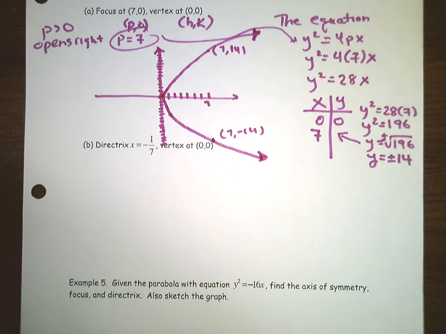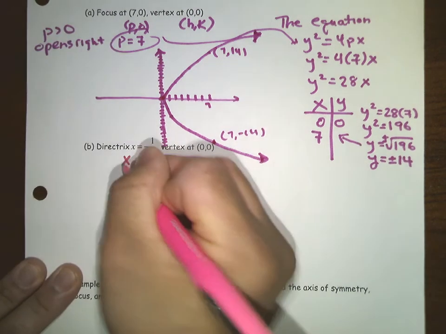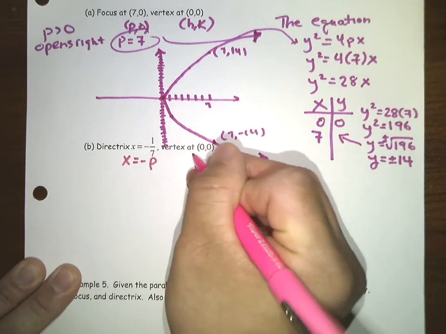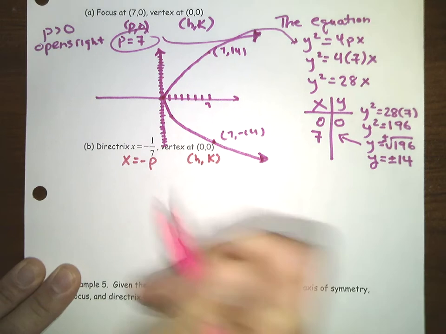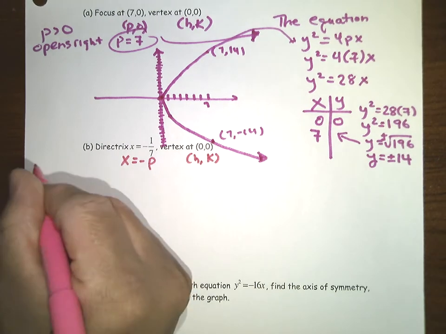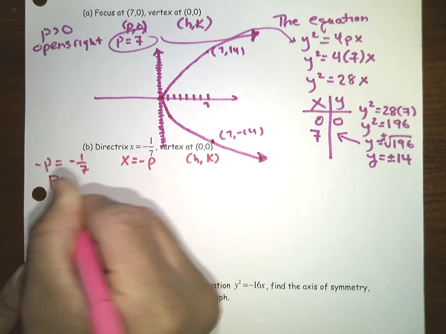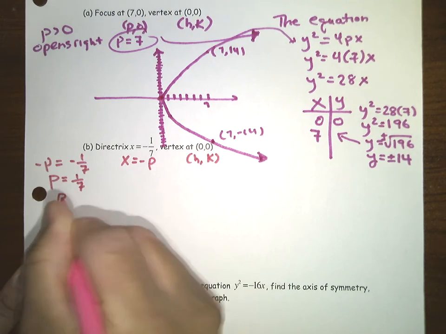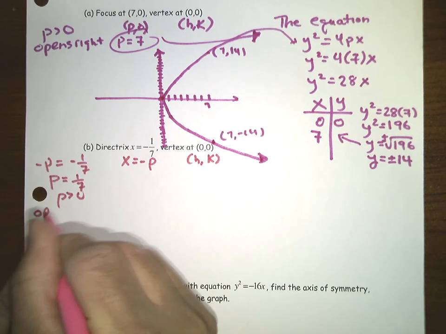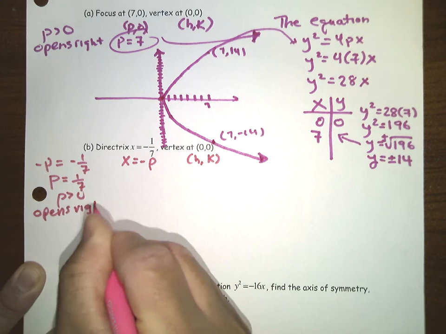All right, so let's try another one here. We have the directrix. So the directrix is at x equals negative p, and the vertex is at (h, k). So if negative p is negative 1/7, then that means p is 1/7, which means p is greater than 0, and this opens to the right.